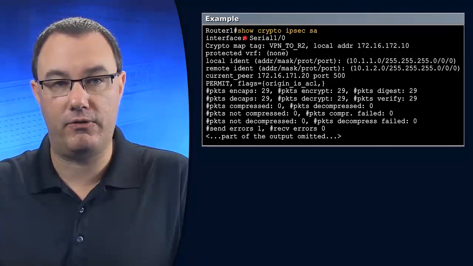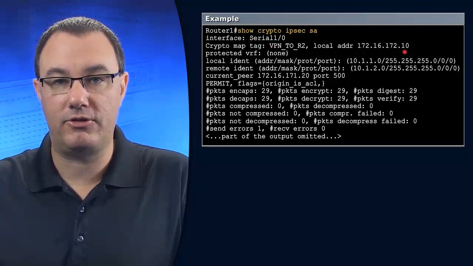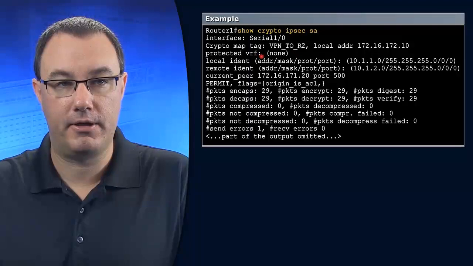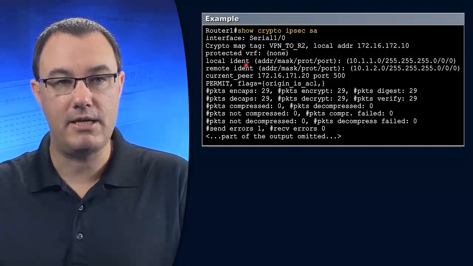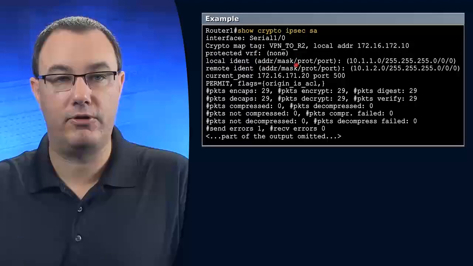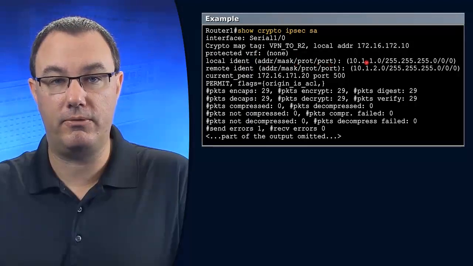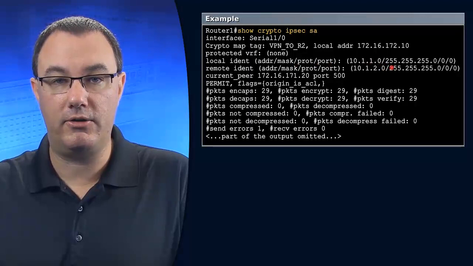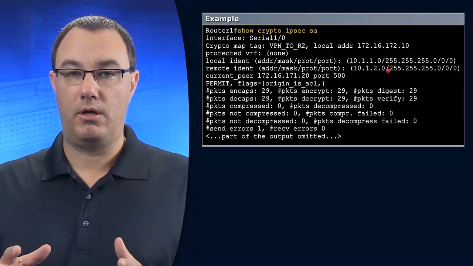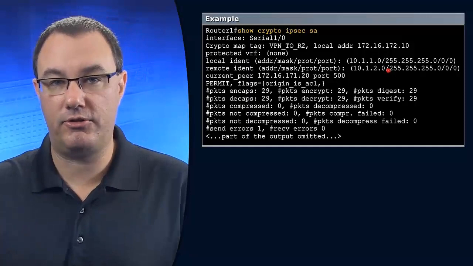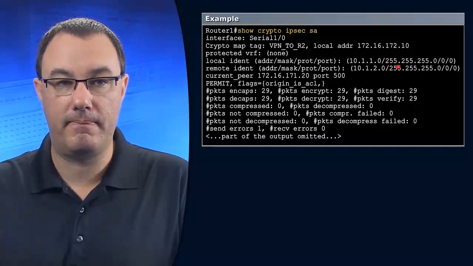It's married to the interface shown, crypto map shown, my local address shown, no VRF goodness here. Then address mask, protocol, and port, so you can see what is there for the crypto ACL. It's essentially the crypto ACL entries.